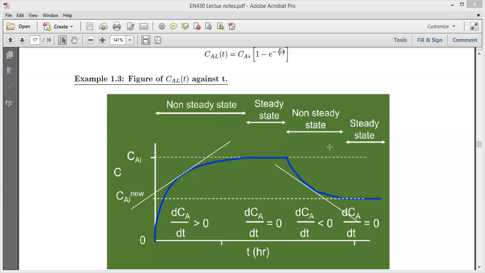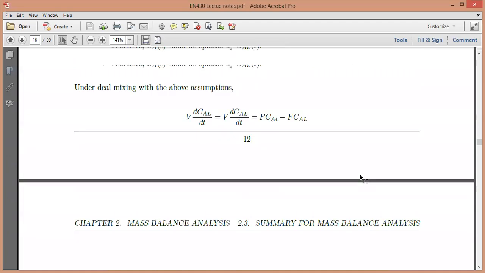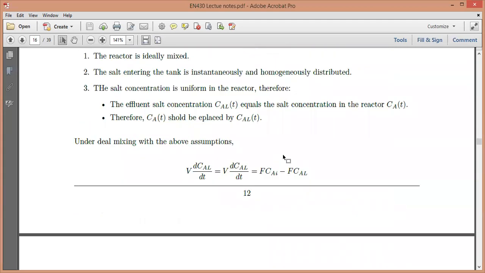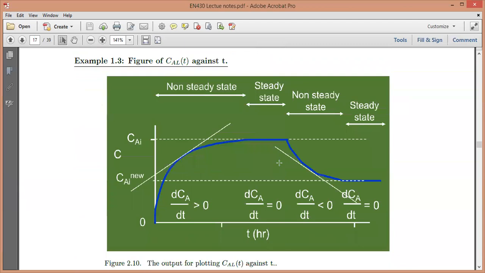It's filling. Oh, there is an outlet. Remember, this is how our tank looks like. I would have the same sentiments that maybe at some point there is some production that is causing some dilution of the salt.